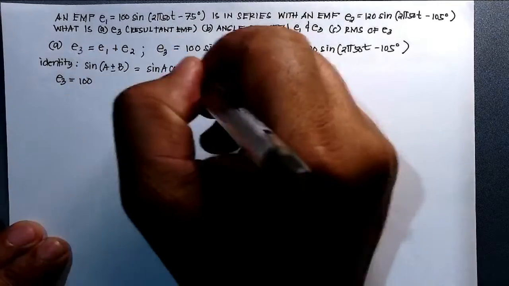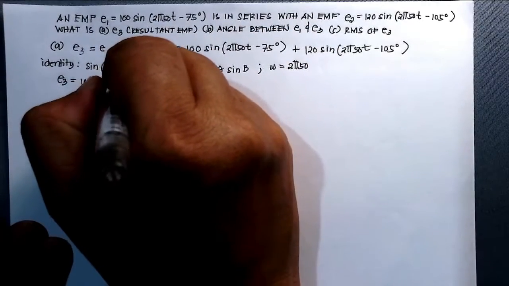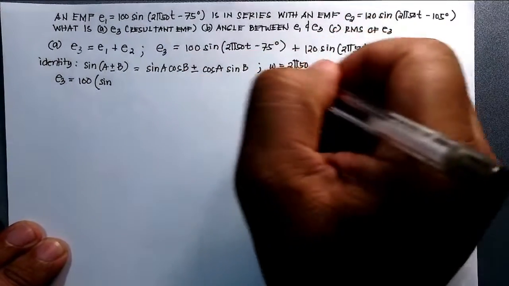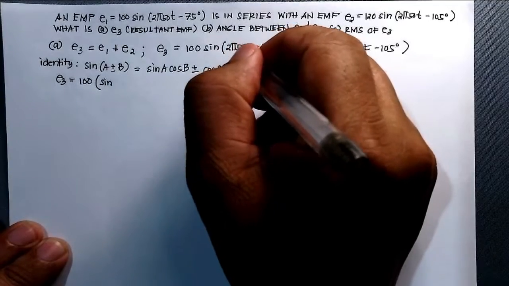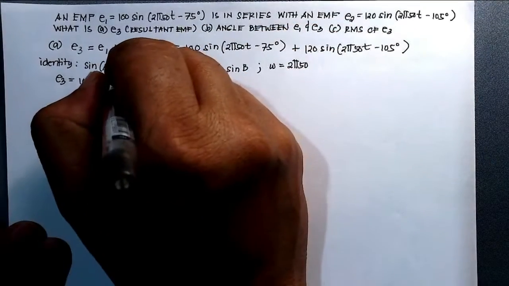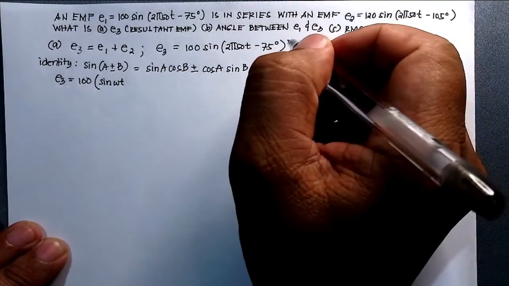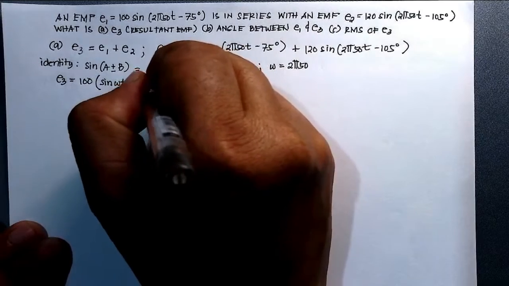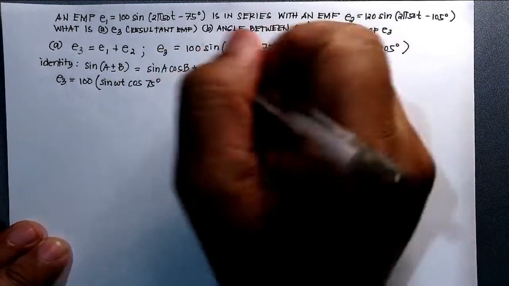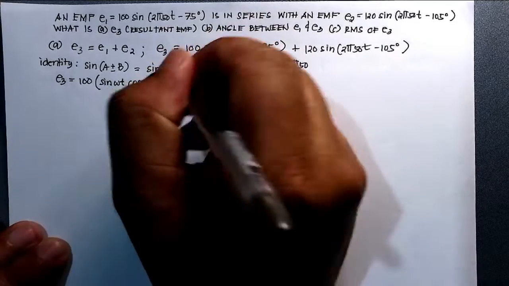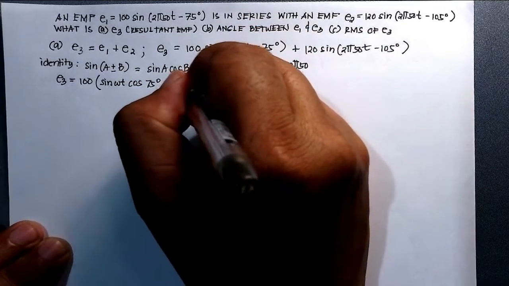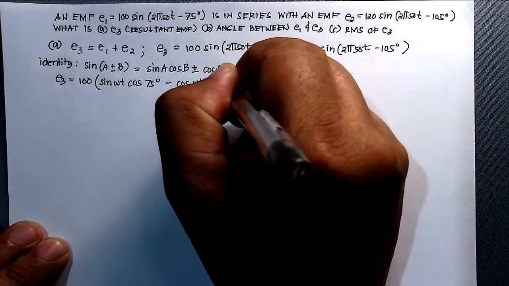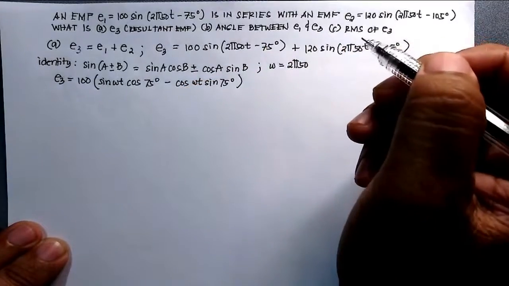It will be sine, so 100 will be distributed to the terms. Sine A, what is A? That is 2 pi 50 t, so that is omega t, and cosine B, which is 75 degrees. Since this is minus, it will be subtraction: sine omega t cosine 75 degrees minus cosine omega t sine 75 degrees.